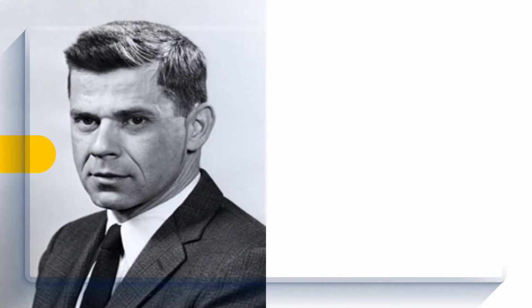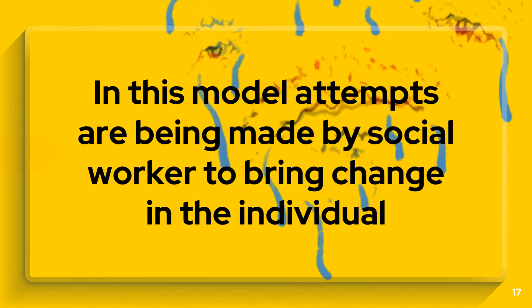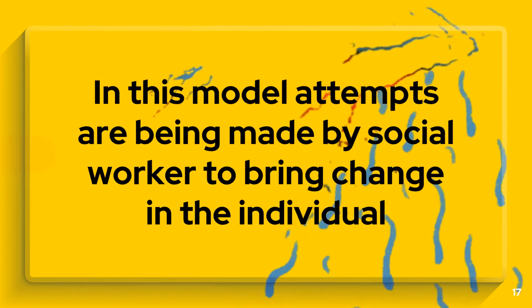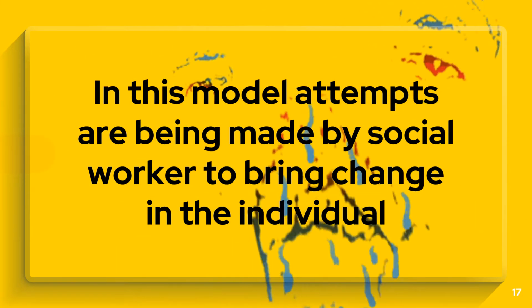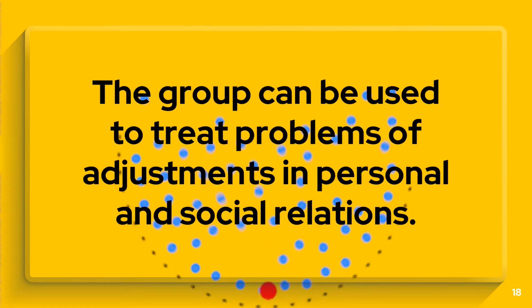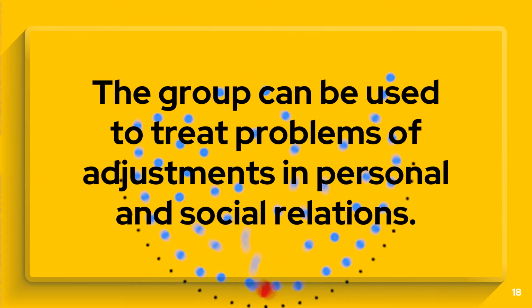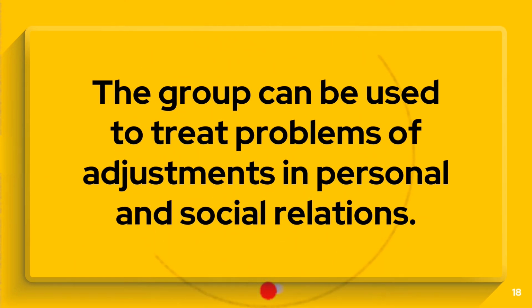The Michigan school contributed to this model. Credit goes to Vinter and his colleagues for developing Remedial model. In this model, attempts are being made by social worker to bring change in the individual. According to the Remedial model, the group can be used to treat problems of adjustments in personal and social relations.